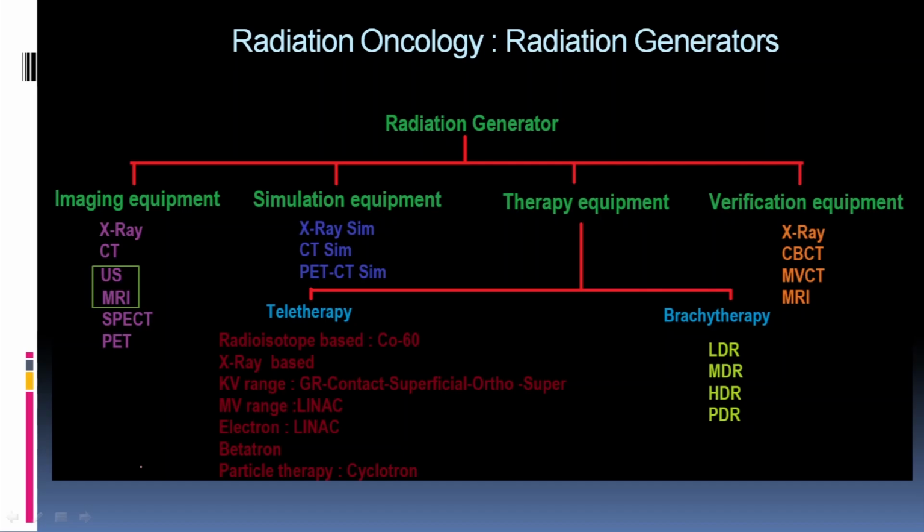They are based on X-ray, CT scan, ultrasonic devices, magnetic resonance imaging device, MRI, they may be SPECT, single photon emission computed tomography. The imaging equipment may be PET, positron emission tomography unit. So these are imaging equipment which we normally use in our radiation oncology department.